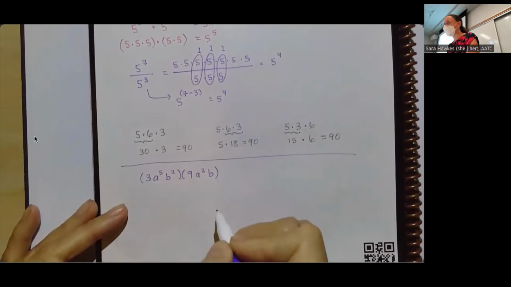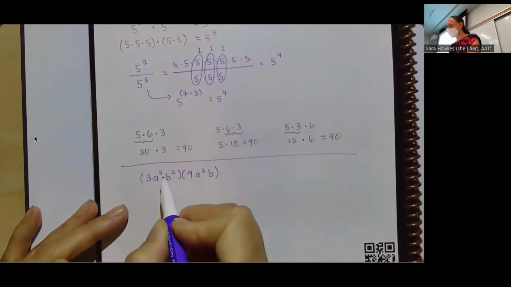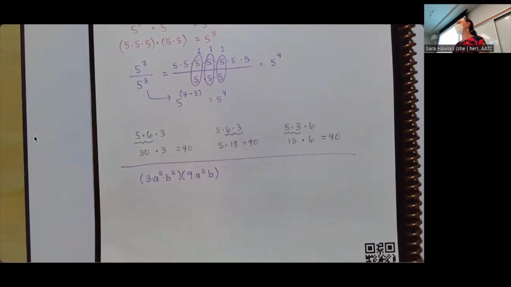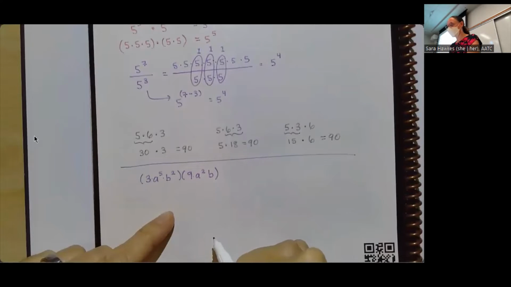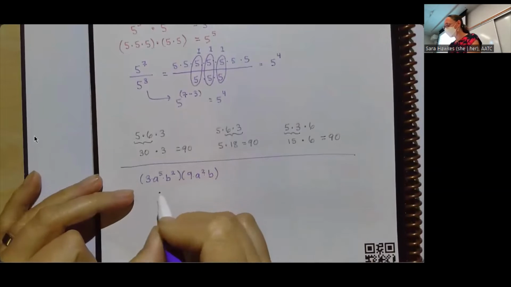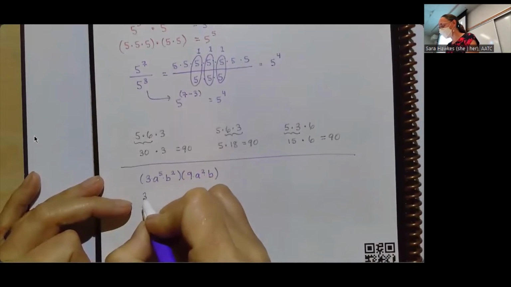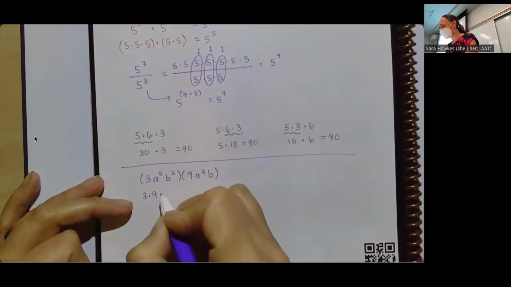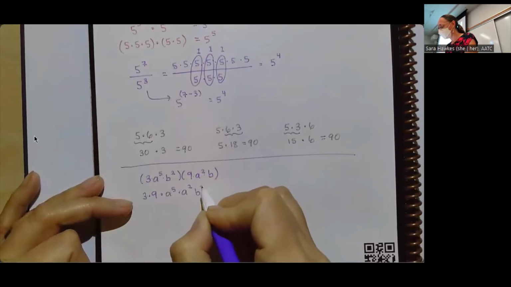So all of this is multiplication. If I don't put the dot between things, it is implied that it is multiplication. So that 9 is being multiplied by the a squared, which is being multiplied by the b. And to simplify this, I can rearrange and regroup. So I would regroup this to be 3 times 9, a to the 5th times a squared, and b squared times b.